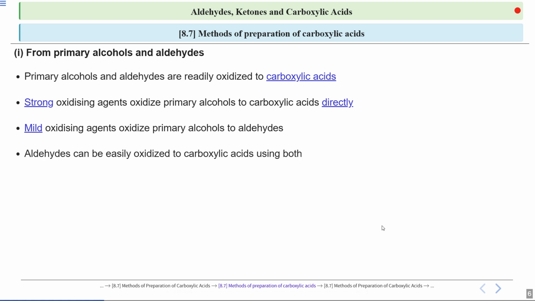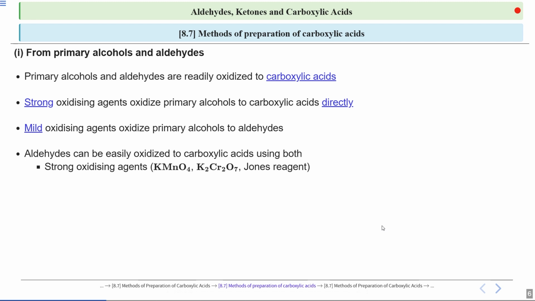Now aldehydes can themselves be further oxidized to form carboxylic acid. You can oxidize aldehydes to carboxylic acid using both types. One is a strong oxidizing agent like KMnO4, K2Cr2O7 and the Jones reagent.